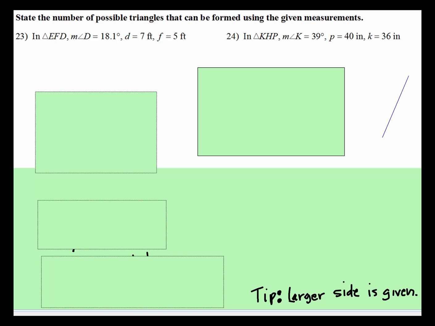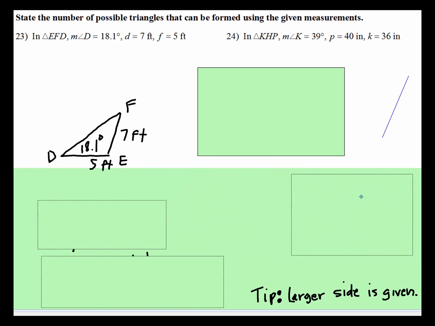So state the number of possible triangles that could be formed using the given measurements. So let's see what this is. All right, so I drew the diagram already. It says in triangle EFD, measuring angle D right here is 18.1 degrees. This is D, and this is F. So notice we have a side, and we have an angle.